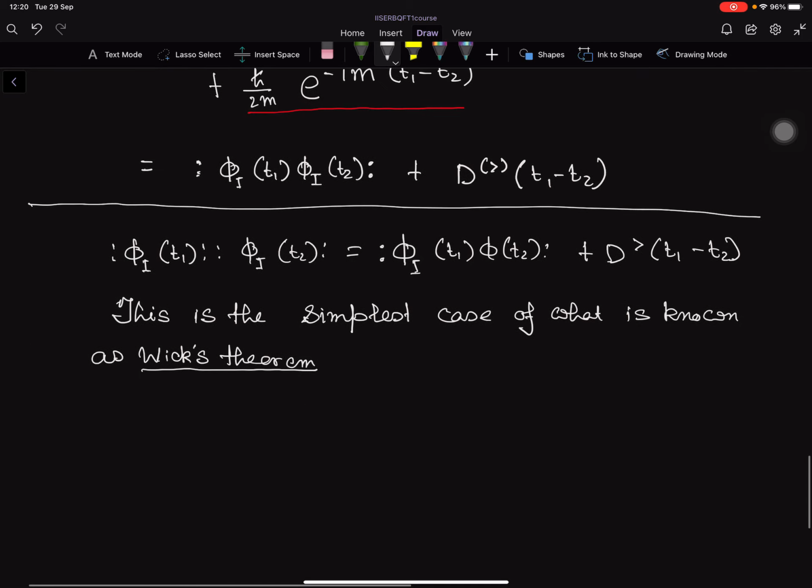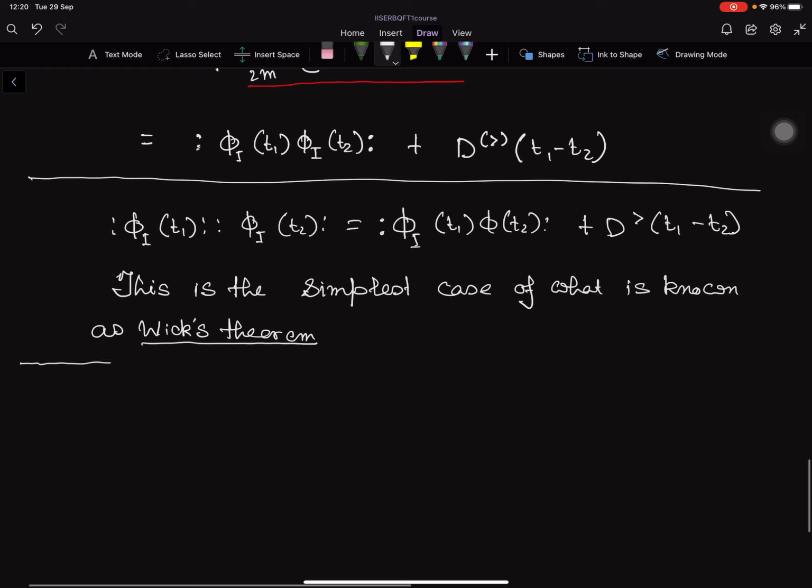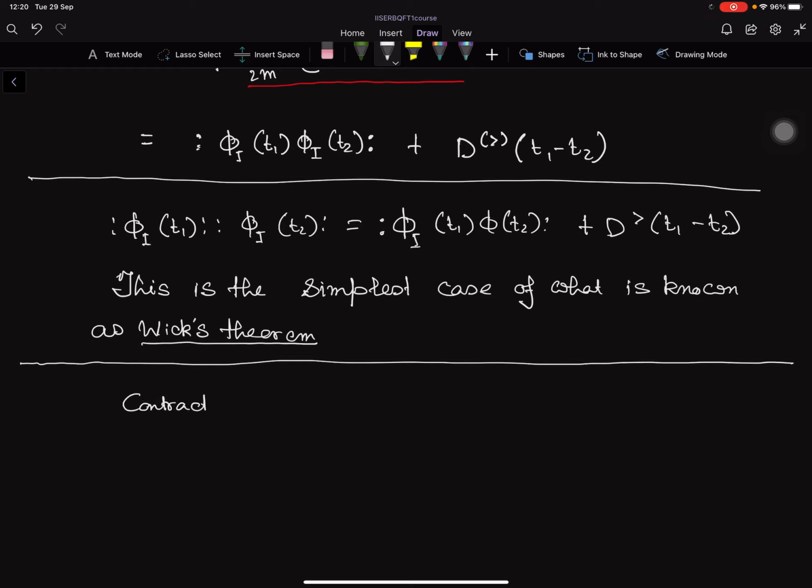So the way it is done, in order to do these things, what we have to do is the following. First, the way Wick's theorem is done is first they define something called contraction. What is contraction? So contraction of these two operators is usually denoted in this way, and this means just the Wightman propagator between these two points.